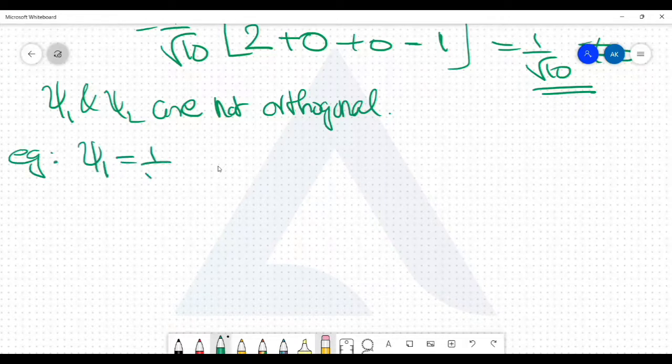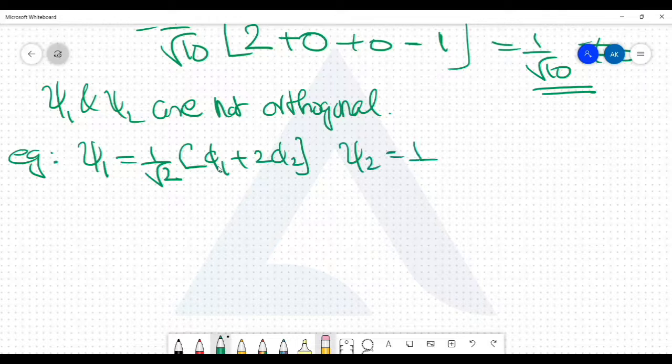Psi 1 is equal to 1 by root 2, phi 1 plus 2 phi 2, psi 2 equal to 1 by root 5, 2 phi 1 minus phi 2. I already told you if the states are orthogonal, product of the corresponding coefficient of the basis will be 0.